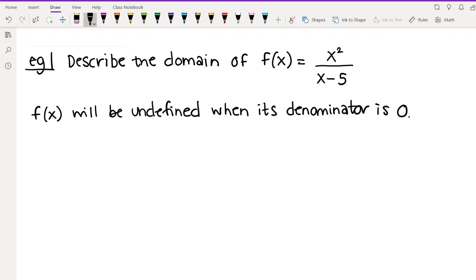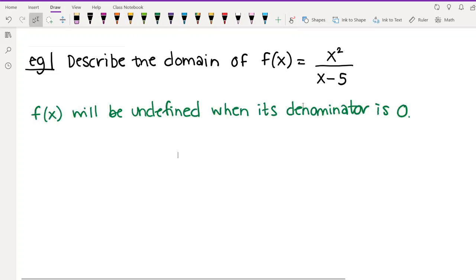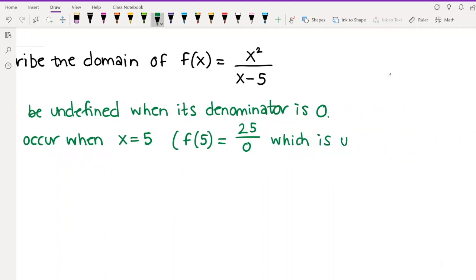I'm going to change colors here just to give us some variety. So what would make the denominator 0? Well, if we were to plug in 5, that would give us 0 in the denominator, because 5 minus 5 is 0. So this will occur when x is equal to 5. Another way of saying that is that f of 5 is equal to 5 squared, so that's 25 over 0, which is undefined.